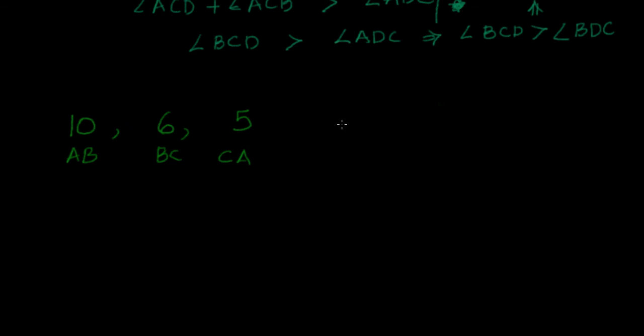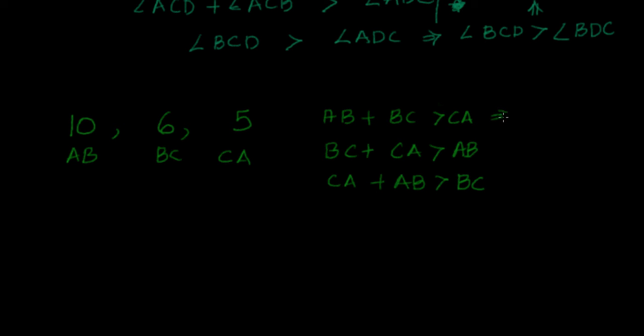I will write down here. First I should have AB plus BC greater than CA, BC plus CA greater than AB, CA plus AB greater than BC.